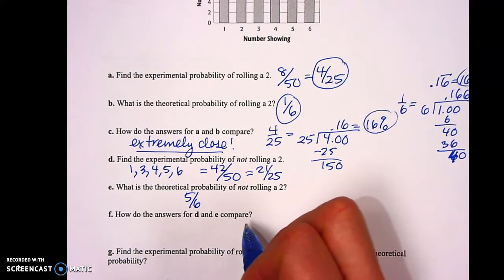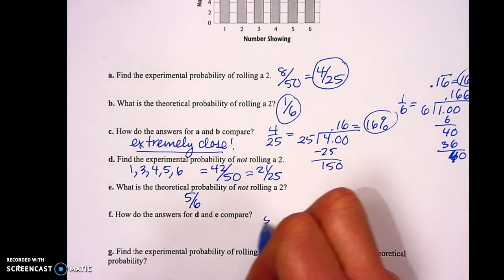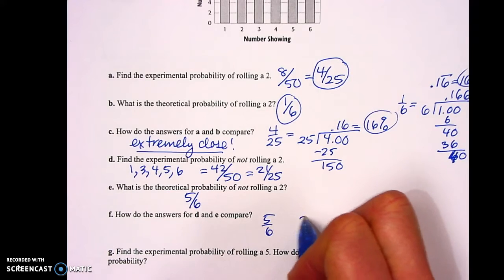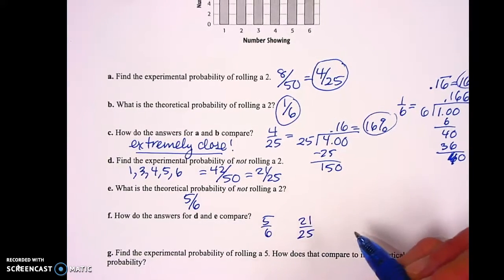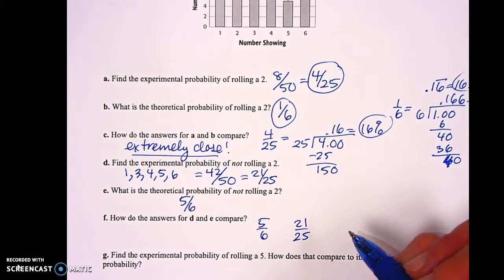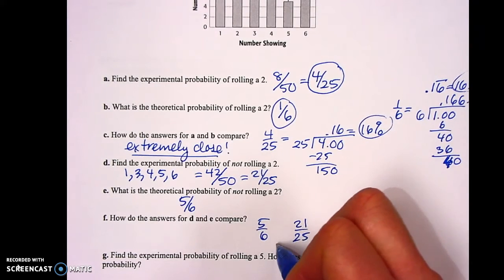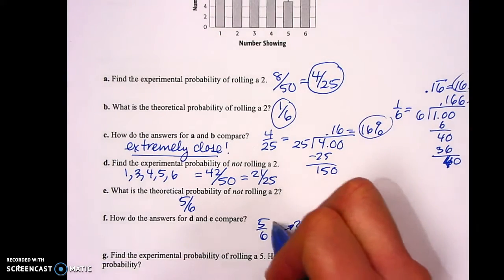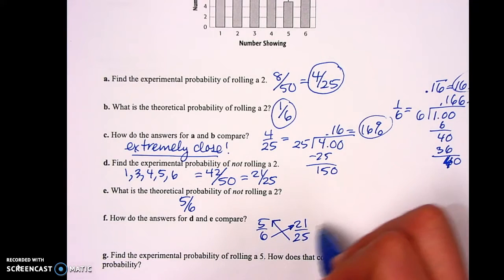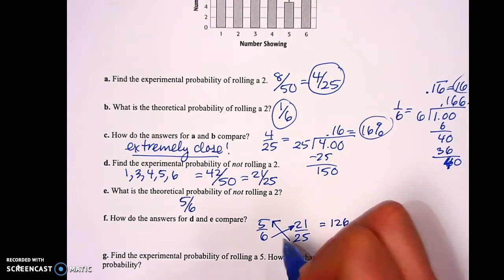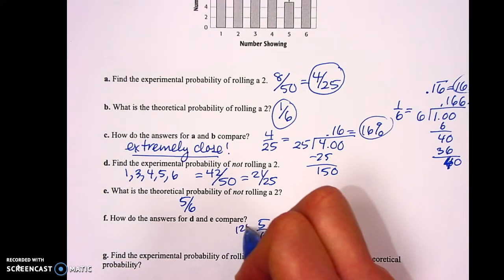We saw this at the beginning of chapter 4, and you've been tested on this. One way to prove this is we can make common denominators, or we can do the shortcut in which we're multiplying up. 6 times 21 is 126, and 25 times 5 is 125.